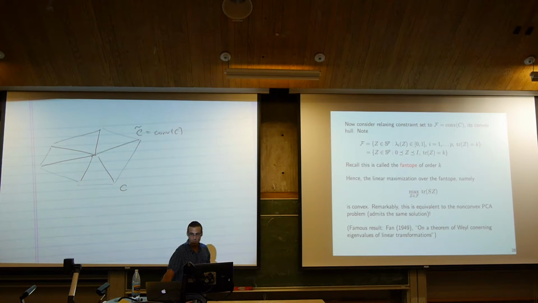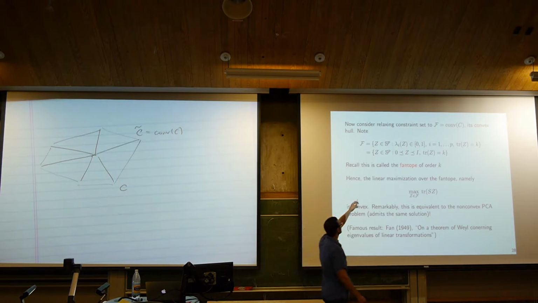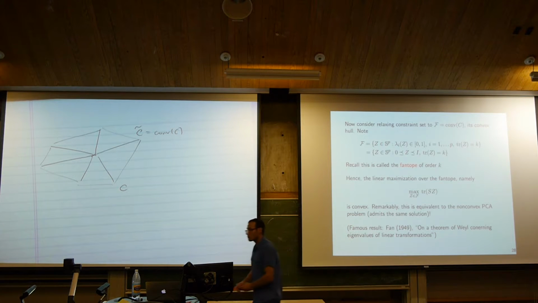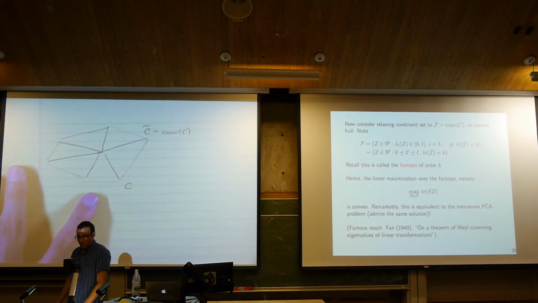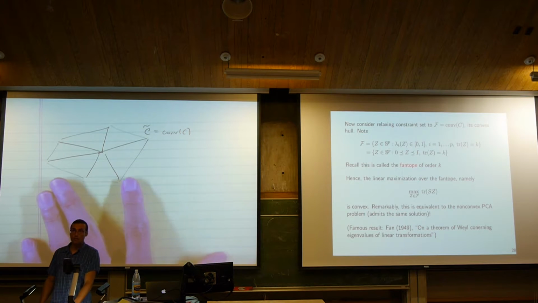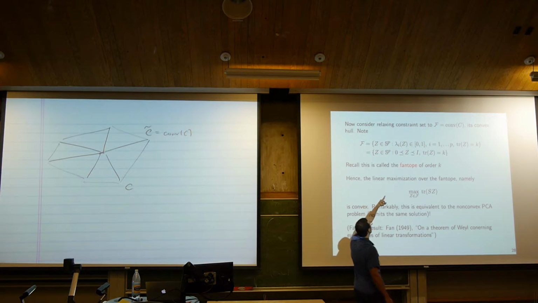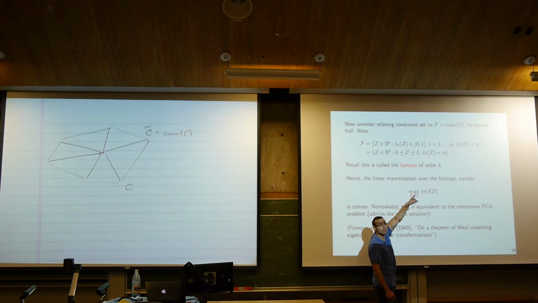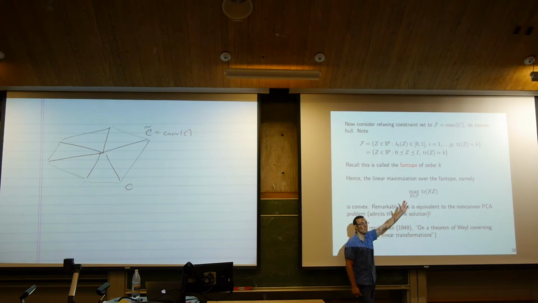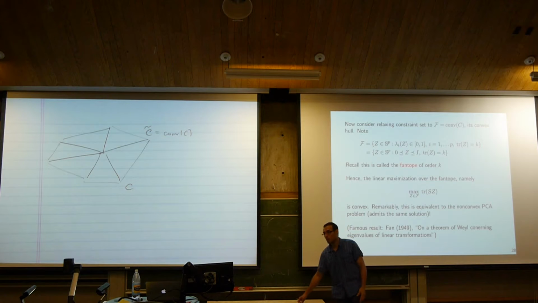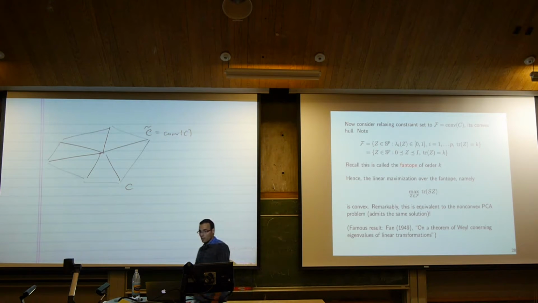Okay, so this problem, if I replace the constraint set by this guy, is quite similar to what I drew, but over matrices. It's like a polyhedron over matrices, right? Because here I have a bunch of linear inequality constraints on Z, and that's an equality constraint on Z. We actually call it a fantope, after the inventor, or discoverer, of this matrix polyhedron.